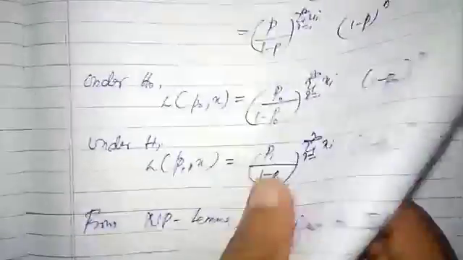But here we want the ratio of likelihoods, because the problem gives a random sample of size n.